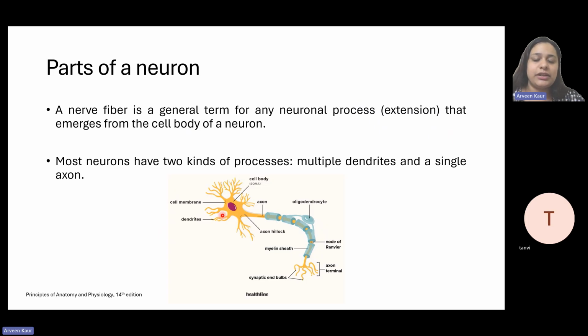So from the cell body, there are two kinds of extensions that you can see at least in this figure. This is the cell body. From this you can see multiple extensions which are known as dendrites, and a single thick long one which is known as the axon.